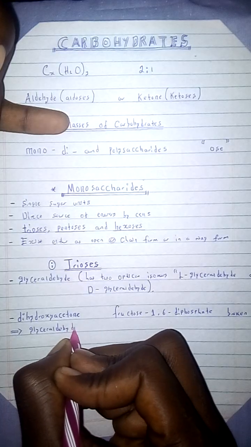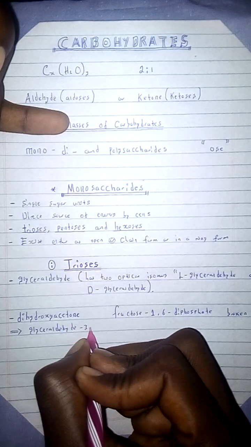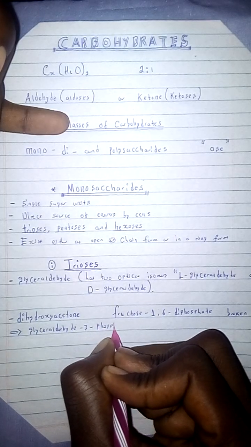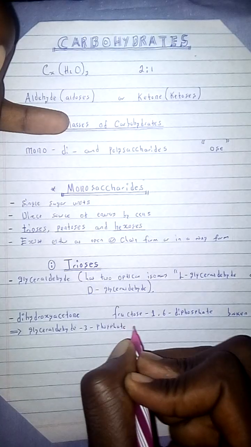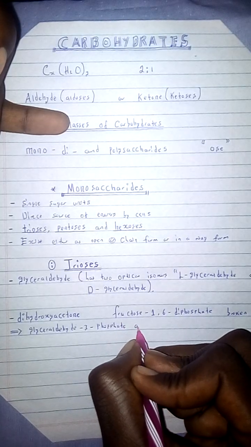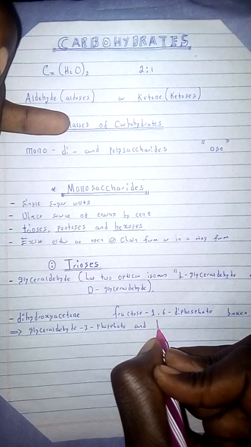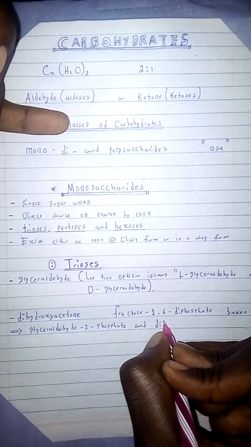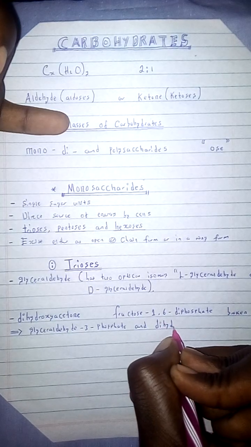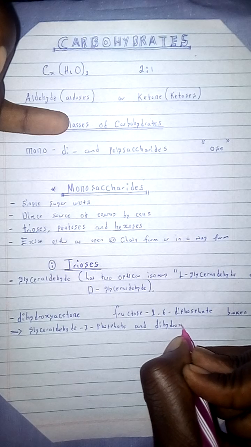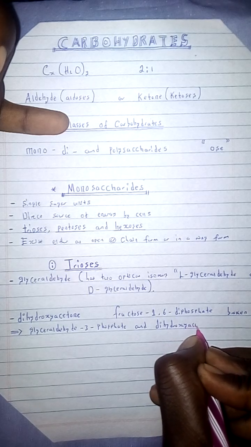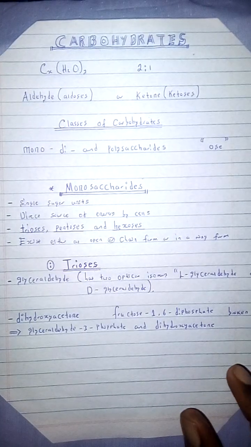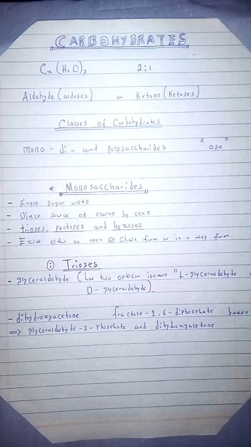To produce glyceraldehyde 3 phosphate and also dihydroxyacetone. This is what happens during glycolysis in cellular respiration.